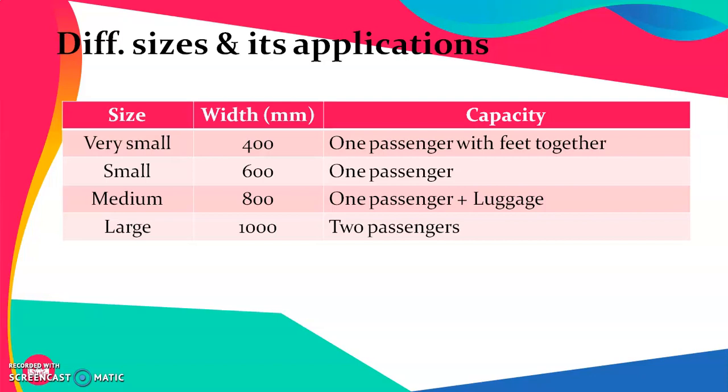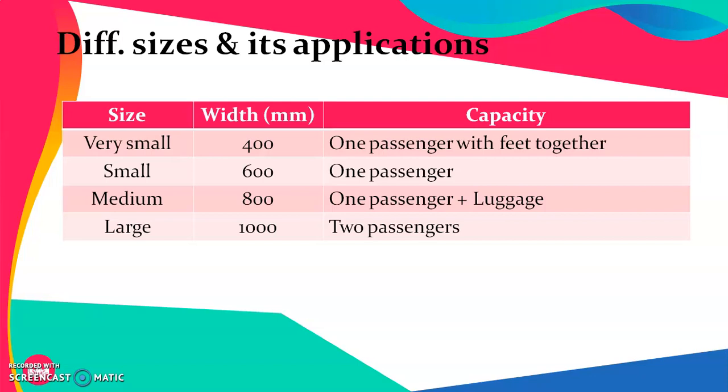Second is a small size with a width of around 600 mm, which permits one passenger standing with a comparatively higher degree of comfort. Third is the medium size, which has an 800 mm width and permits one passenger plus luggage.